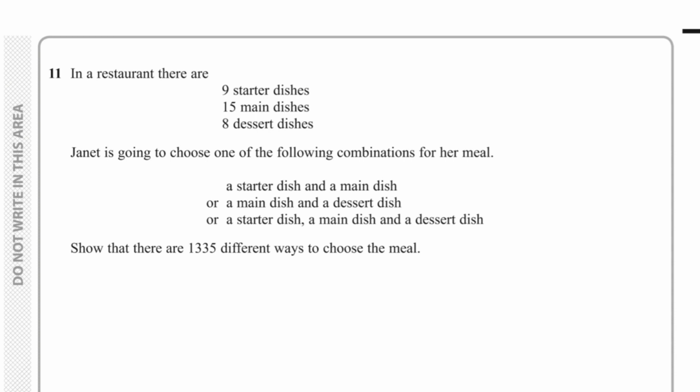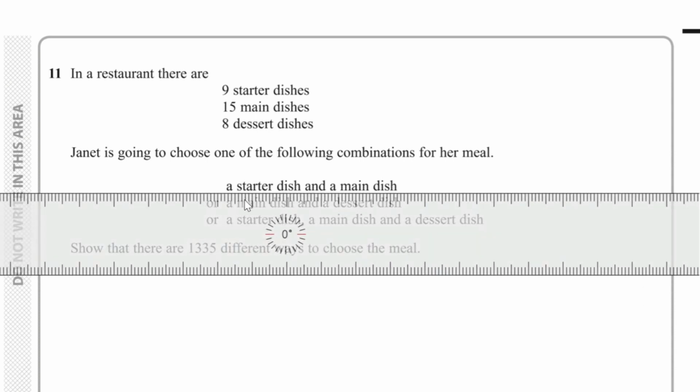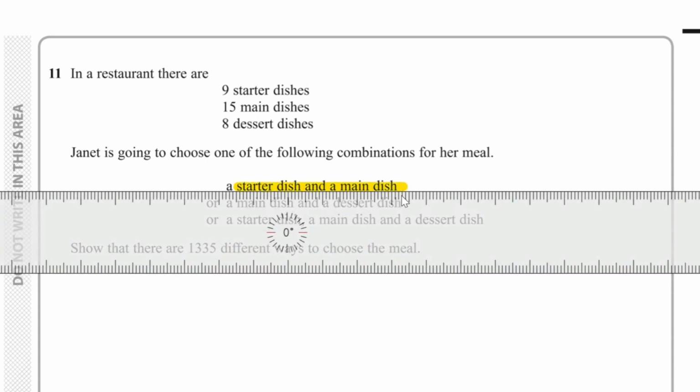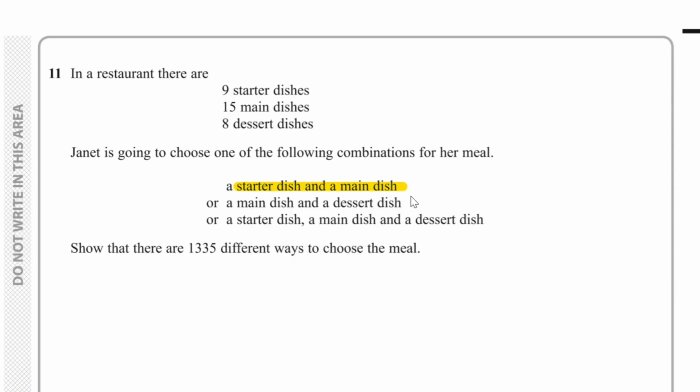Well, if I consider choosing a starter and a main dish, then the total number of combinations I have here, we've got 9 times 15. So this is the total number I have for a starter and a main dish.